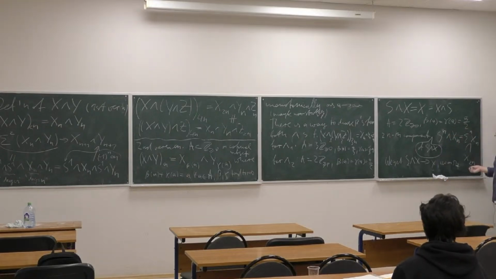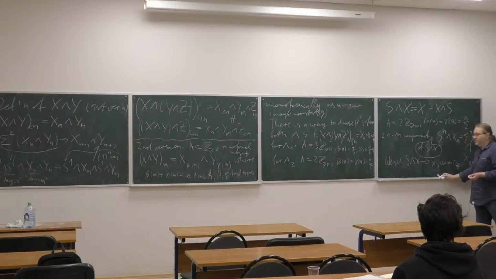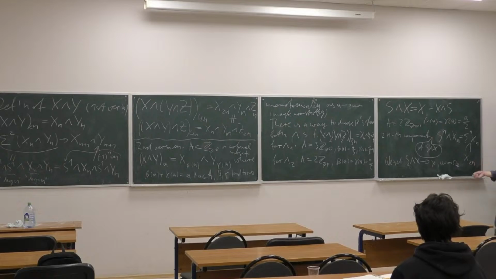And by what we saw a few times already, this map induces an isomorphism on the homotopy group. So these two spectra are not the same, but there is a map from one to the other, which is an isomorphism in the homotopy category.